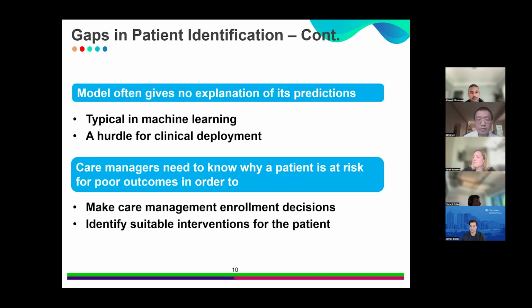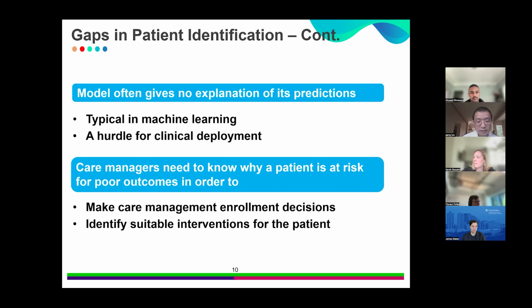The second problem is that the predictive models give us the prediction result, but they don't explain why a patient is likely to incur bad outcomes next year. This is a particular case with machine learning models, and this creates a huge hurdle for clinical deployment.